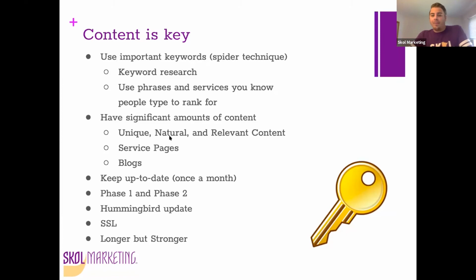One thing I always like to mention too is the Hummingbird update. This one came out several years ago. The reason I like to mention this is that while keywords and key phrases obviously are important, because our whole language is derived from keywords and key phrases, what the Hummingbird update did when Google launched it is that whenever you do a search query within Google, within microseconds Google's actually doing another search on top of it to figure out what you actually mean by that.